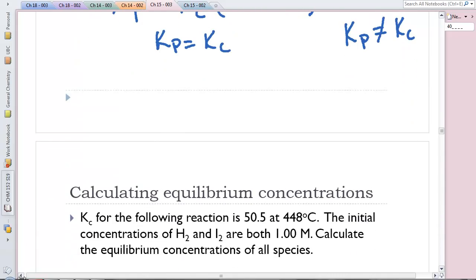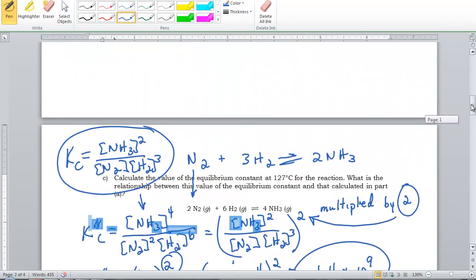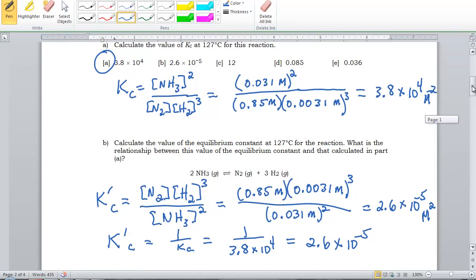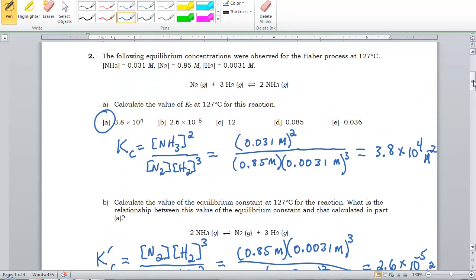So let's go back to our handout. Let's scroll back up and look at what we have. The long way to solve part D, where we want the Kp value, would be to go back up. We have the molarities. We know the gas constant. We know the temperature.